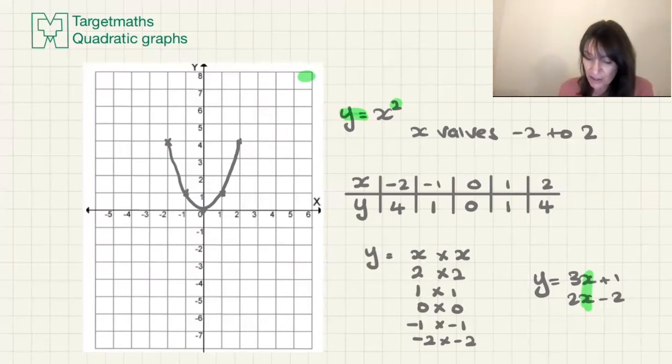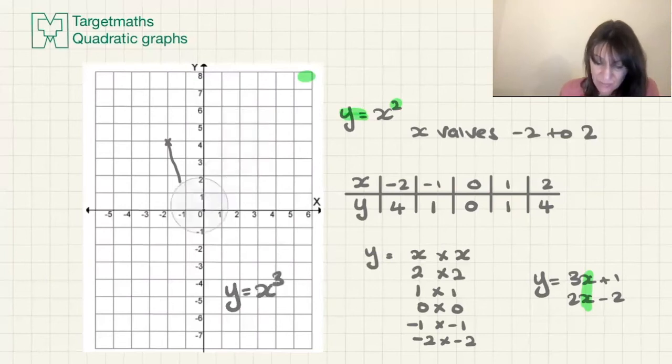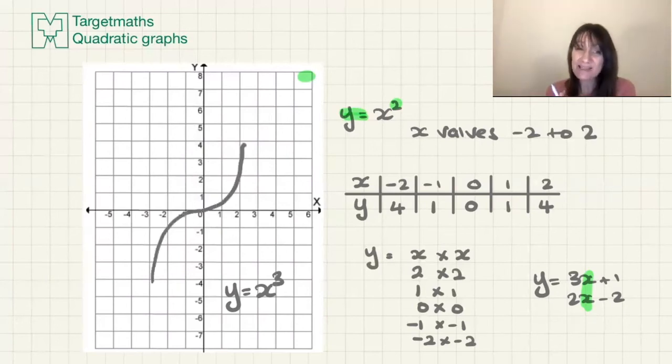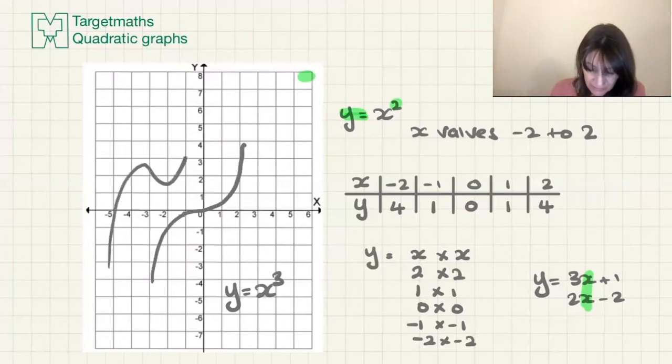If I asked you to draw y equals x cubed, now that's an x with power 3, and it actually has almost like 2 bends in it. If I did an exaggerated version of one I've just done, you can see the 2 bends easier.